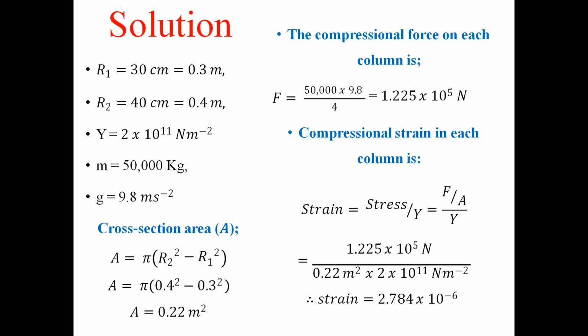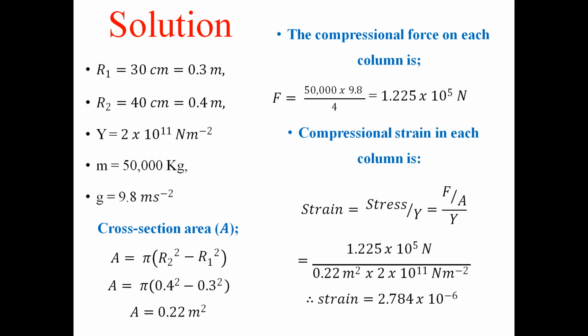Cross sectional area. Cylindrical columns, dimensions taken as radius. R1 equal to 30 centimeters, R2 equal to 40 centimeters, converted to 0.3 and 0.4 meters. Area equal to pi into R2 whole square minus R1 whole square.